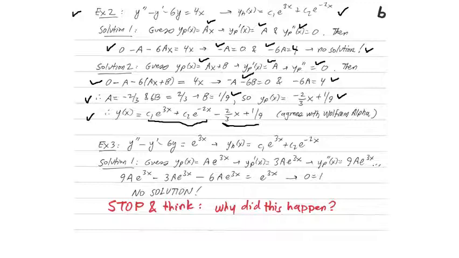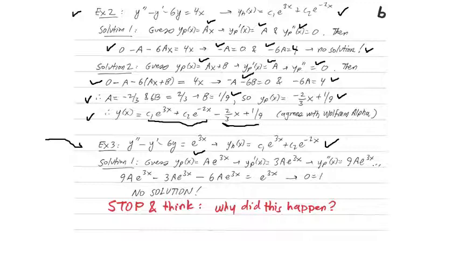In example 3, we have y double prime minus y prime minus 6y is e to the 3x. Same left-hand side, so same homogeneous solution. Based on what we did in example 1, we might try something like this, a times e to the 3x.